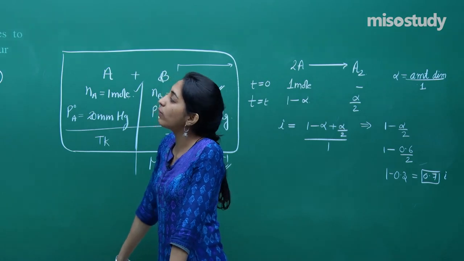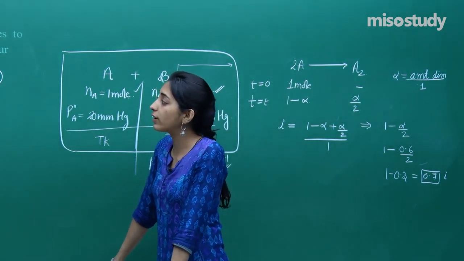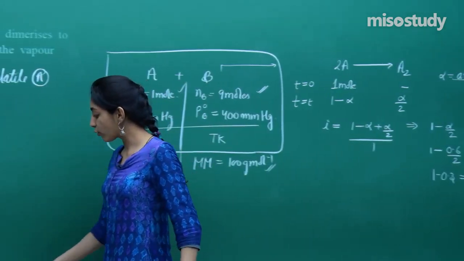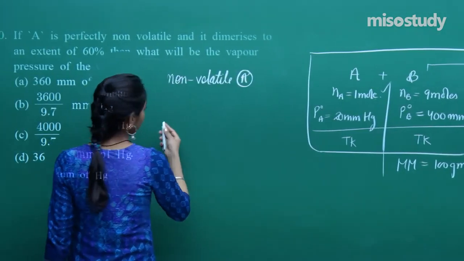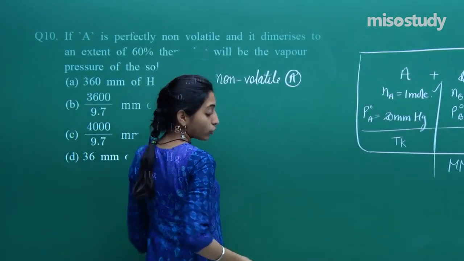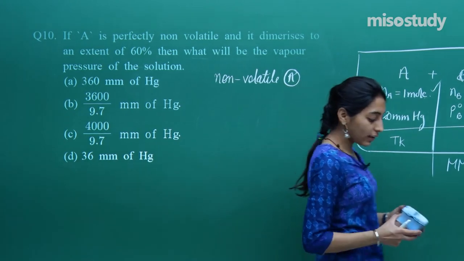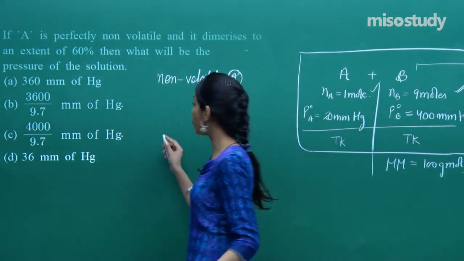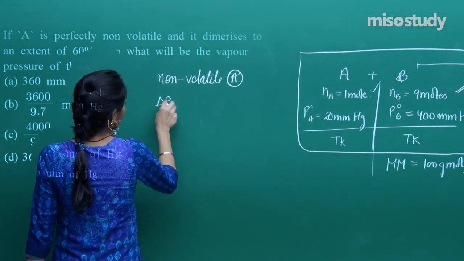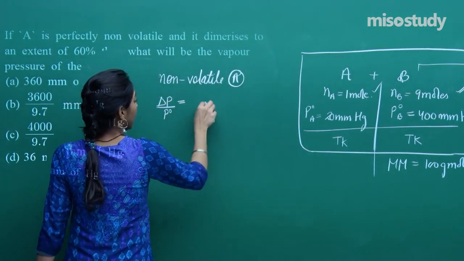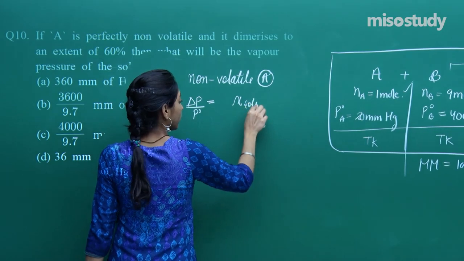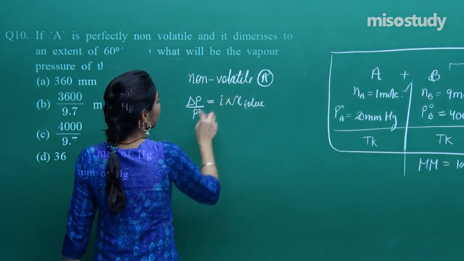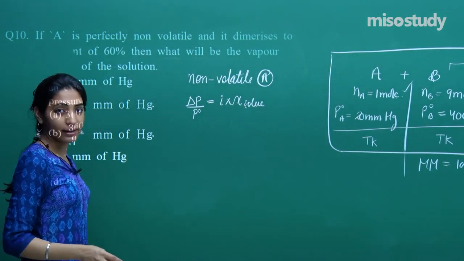Now he is saying what will be the vapor pressure of the solution. So once again, to calculate the vapor pressure, see, now he is asking you to calculate the vapor pressure of solution. So don't you think I can once again do delta P by P naught is equal to mole fraction of solute, but this time multiplied with I. Okay.